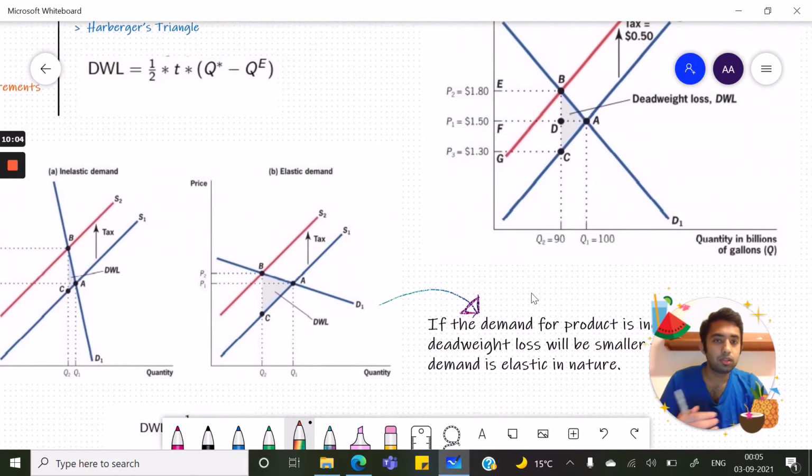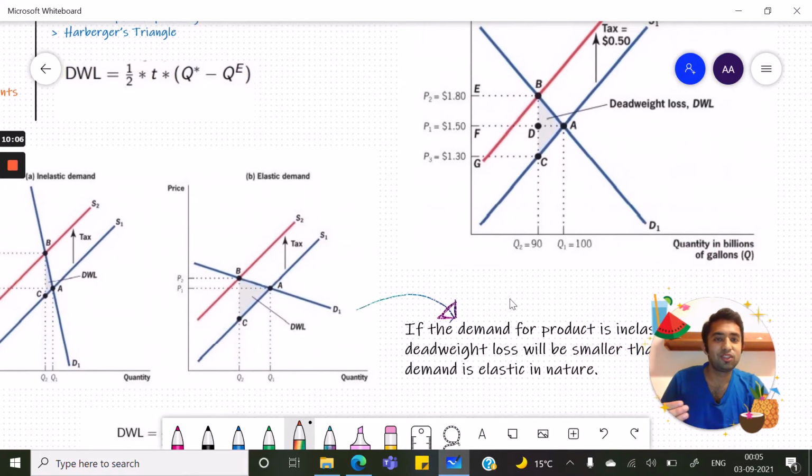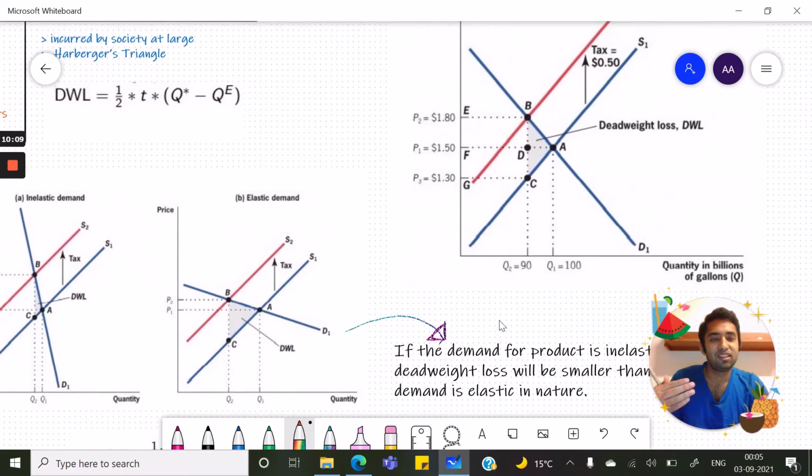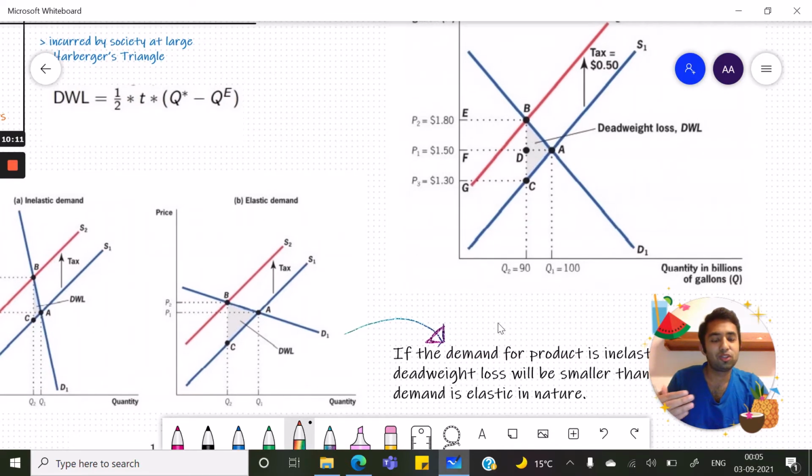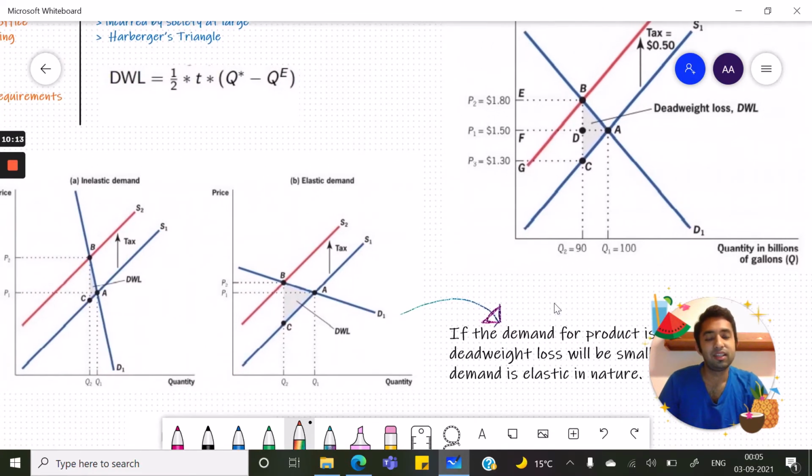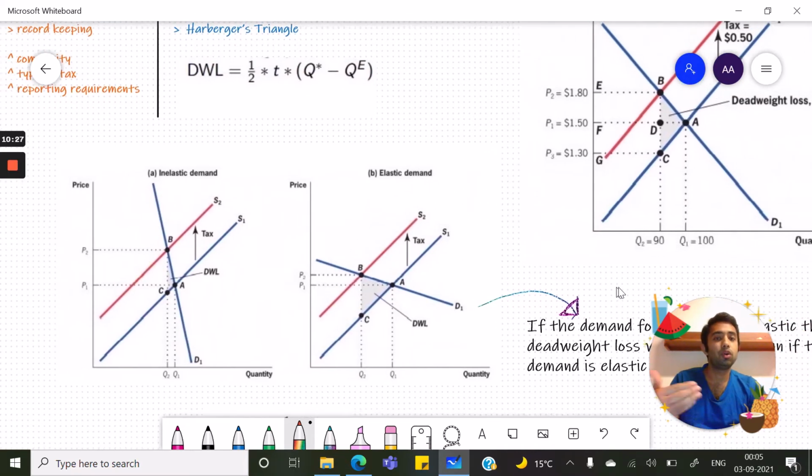Now it's not always the simple case. Every good and service has a different type of demand, and consumers respond differently to increases or decreases in price. Consumers do not respond in the same way to all goods and services.